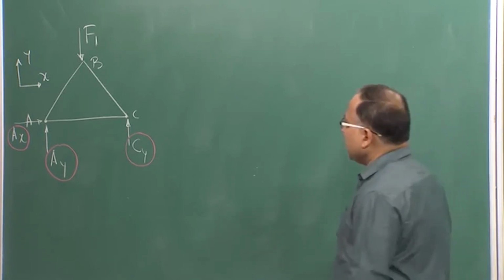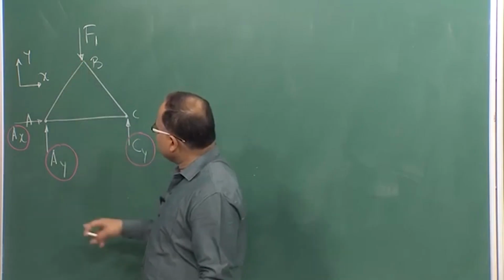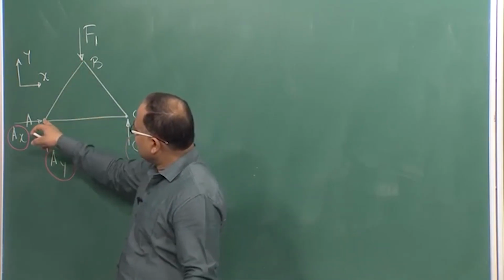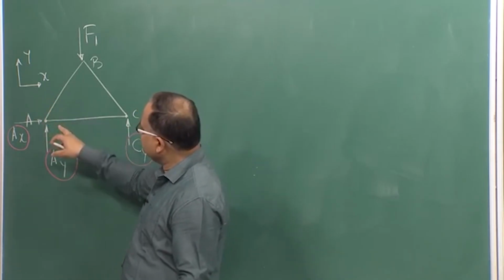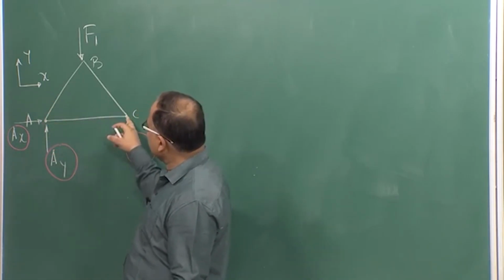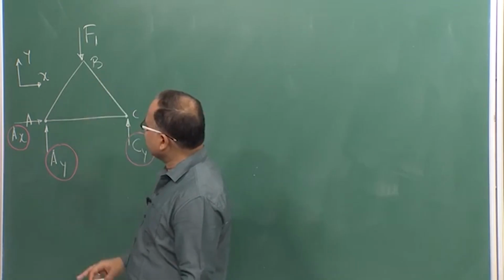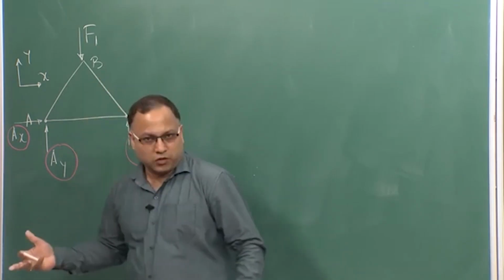Now, similarly, if you consider joint A, you have got member force in AB, member force in AC. Similarly, if you consider joint C, you have got member force BC and member force AC is already obtained.